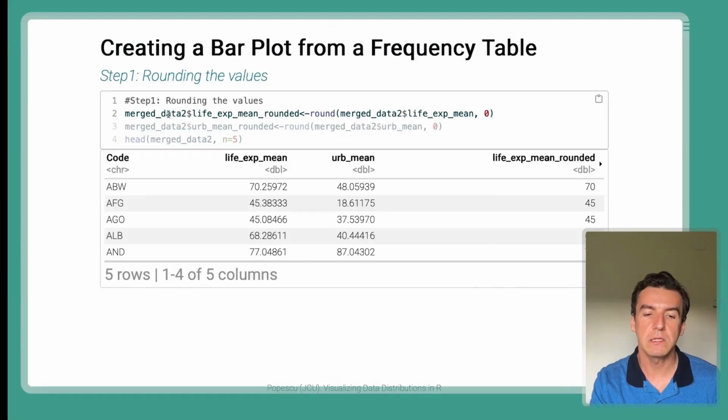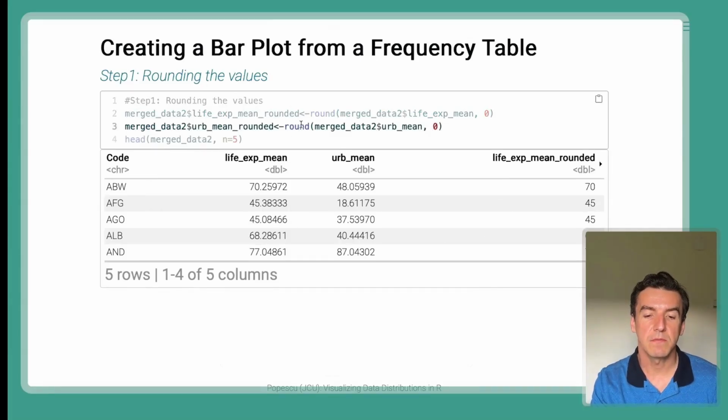So then we're creating this new variable called life_expect_mean_rounded that is part of this final data set. Notice, for example, as a result of round 0, how 70.259 turns into 70. Similarly, notice how 45.38 turns into 45, and so on and so forth.